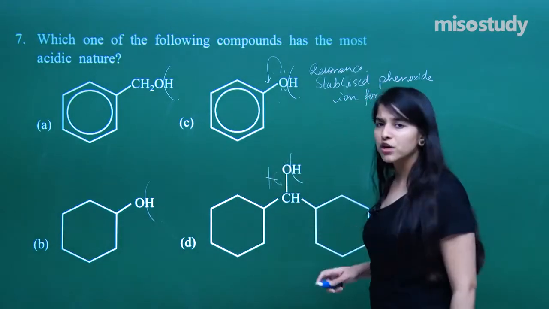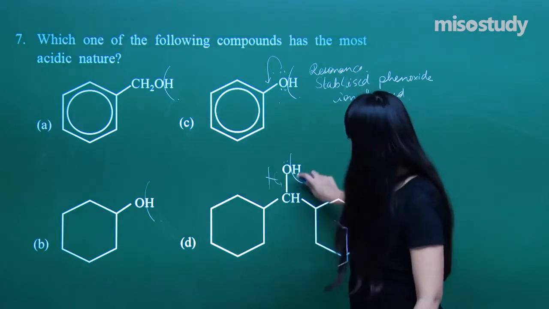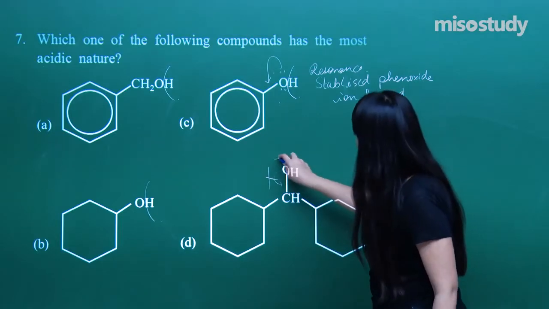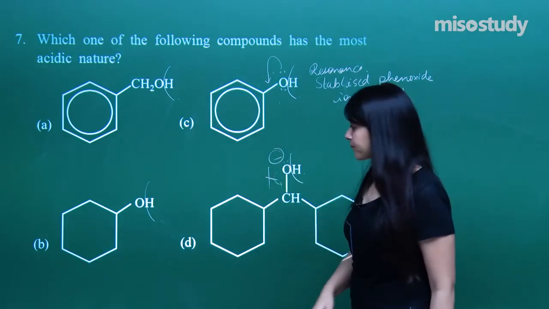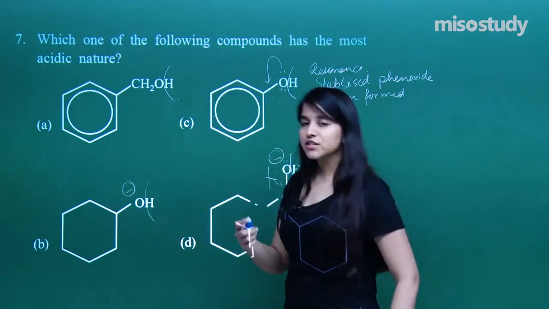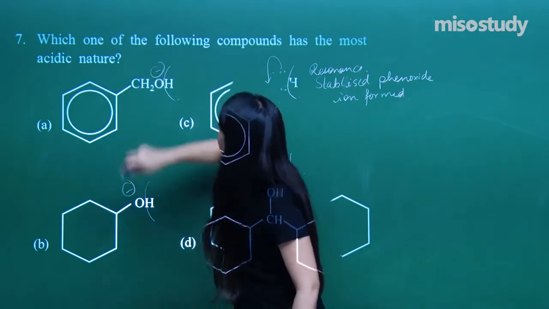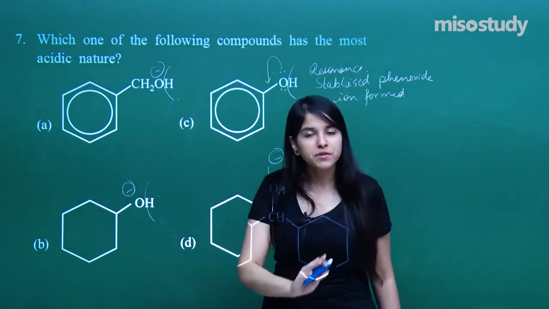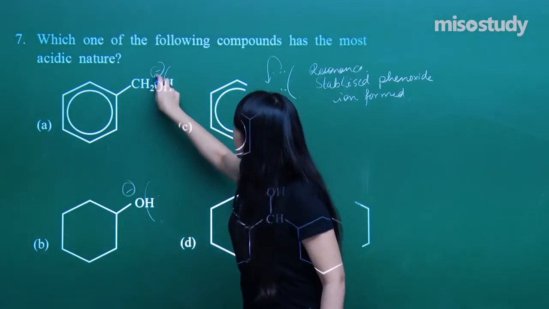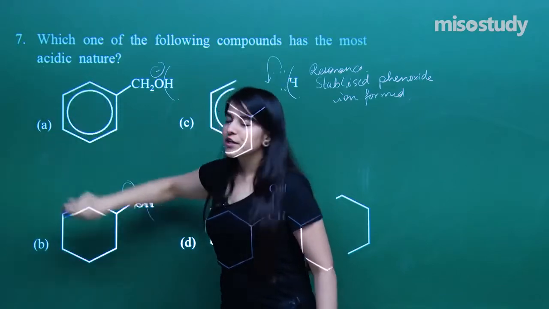So here we have a resonance stabilized anion, that is the phenoxide ion, and here we do not get any kind of such resonance stabilization if I develop a negative charge over here. And if this H plus goes off, again this negative charge cannot be dispersed within the ring, because there is no direct connection of this negative charge to be involved in the resonance.